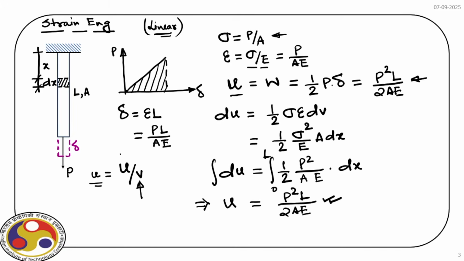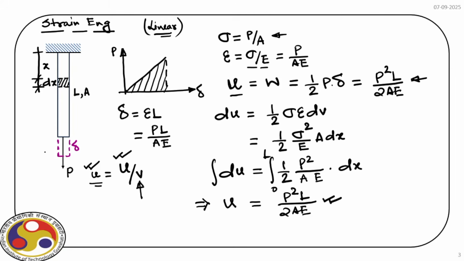So we can define the total strain energy, and sometimes we also define strain energy density. Just like material density is the amount of material per unit volume, it is the strain energy per unit volume that is defined as the strain energy density.